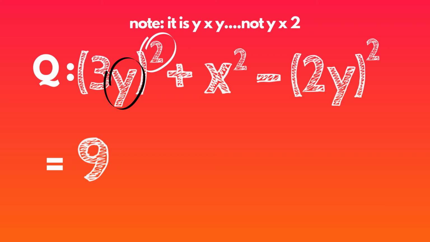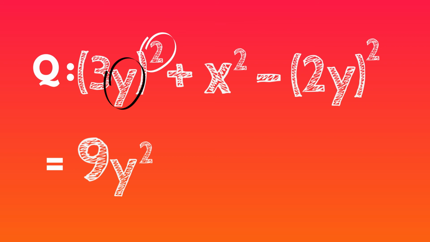So it's 3 times 3 gives us 9. And then the y, we say y multiplied by y gives us y squared. Because of the law of indices, y multiplied by y is y to the first power times y to the first power. We add the powers. So it becomes y to the power 1 plus 1, which is 2.